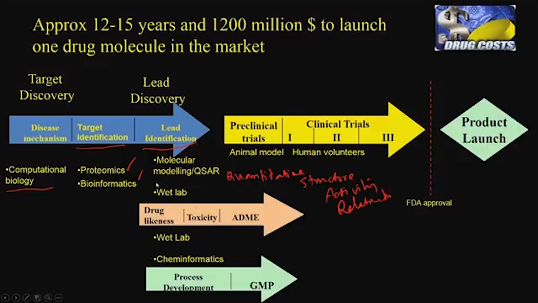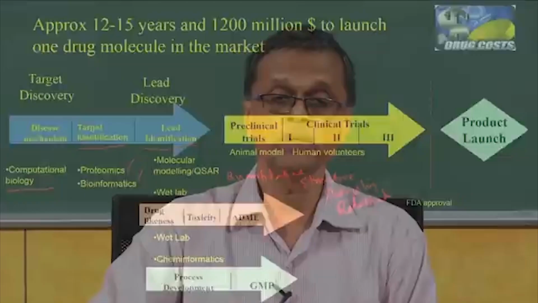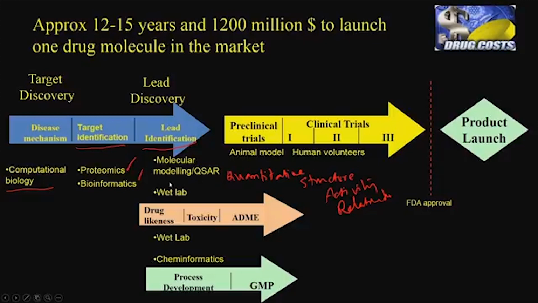And then you need to do the wet lab experiments, that is experiments in your lab, okay, that is where you check the biological activity of your compound. You may use bacteria, you may use virus, you may use animal cells, whatever is your biological assessment.